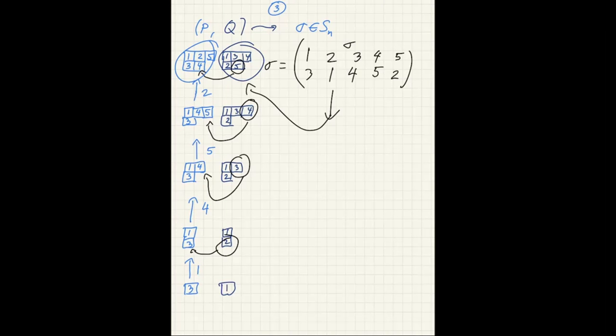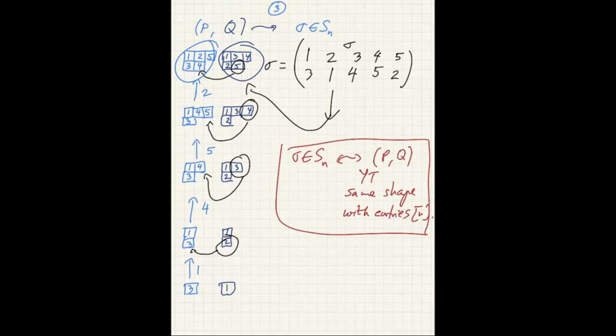But what this shows is that we have this bijective correspondence of sigma in Sn with all these ordered pairs PQ of Young tableaux of the same shape, with entries in the set 1 to n. Okay, so this is quite important.